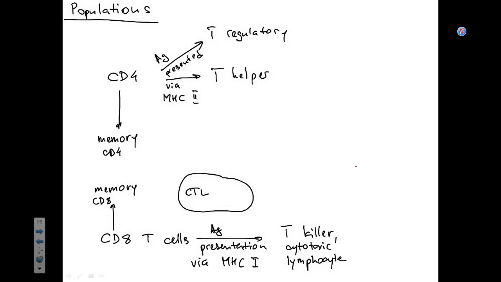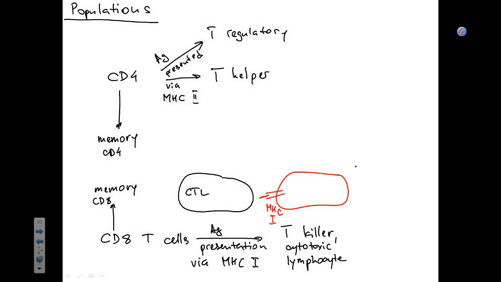And it encounters a cell that is infected. Let's say it's a fibroblast, a cell of connective tissue. What type of MHC does it have? 1. Does that make sense? Let's picture it. It has antigen presented on MHC1.